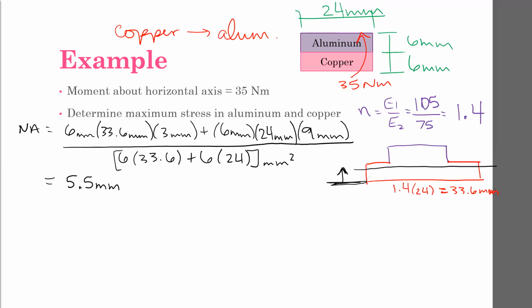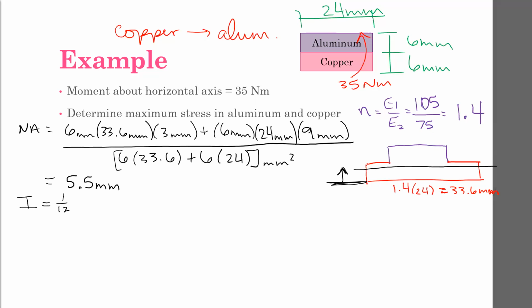So next thing we're going to do is analyze the homogeneous member. So we need My over I, which means we need I, and it needs to be about that neutral axis. So for the bottom shape, 1/12 times bh cubed.